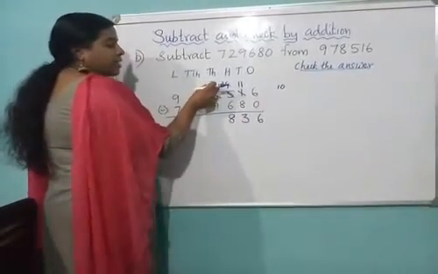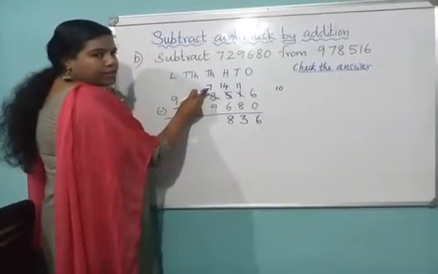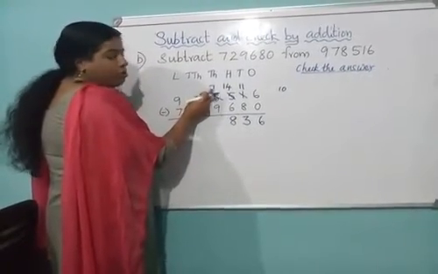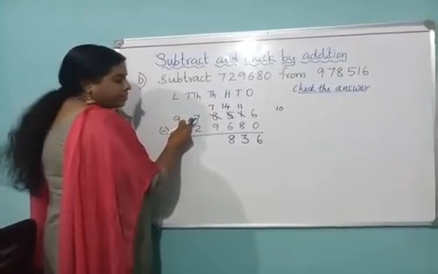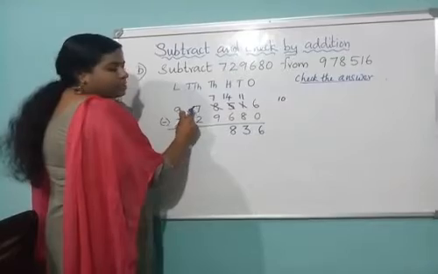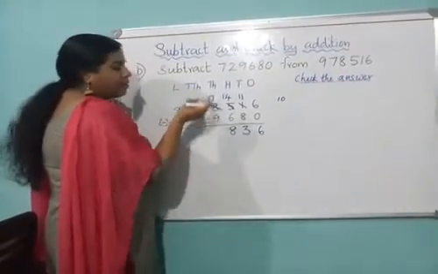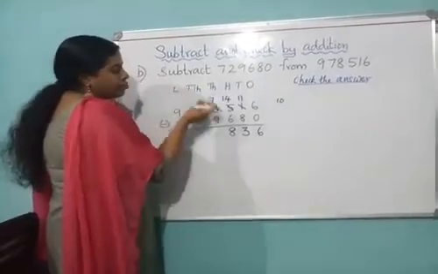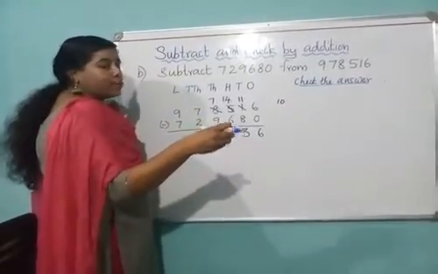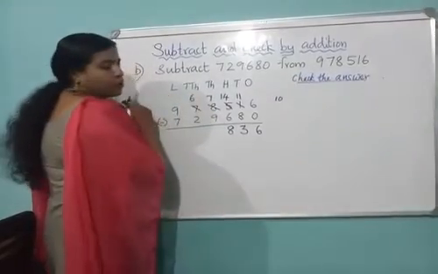Again, next place, 7 minus 9. Here again a smaller digit comes, so we have to borrow 1 from the next place. The next place is the 10,000 place. There are 7 groups of 10,000. From this we will remove 1 group of 10,000, so this number becomes 6.